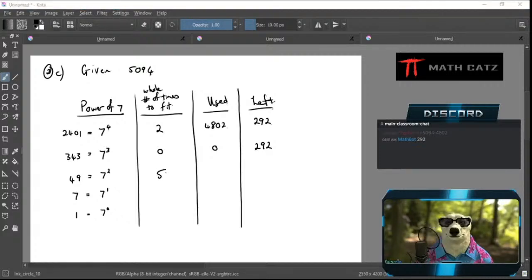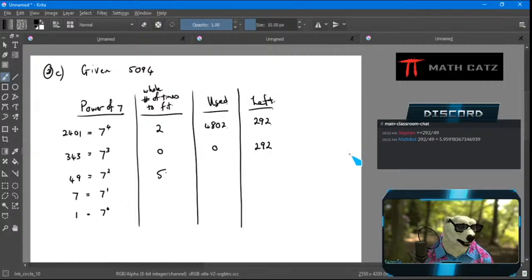Let's double check. 292 divided by my group size, and I see it is 5 and almost 6, but not 6 whole times, only 5. Then I have used 5 times 49, which I may want to do in my head. I may want to double check. My mouse is completely stuck.